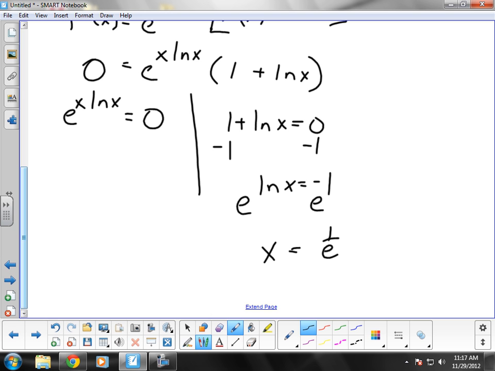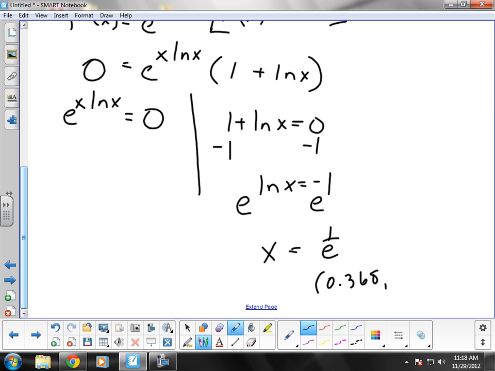Okay. So that piece works. It is a positive number. That gives me the point 0.368.